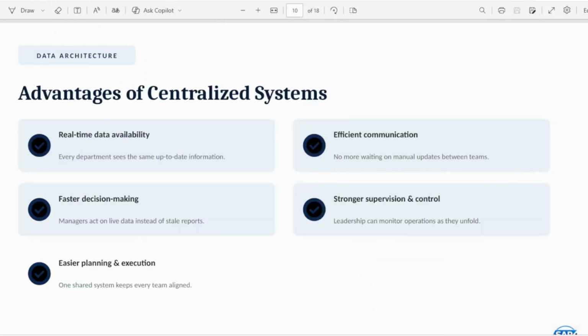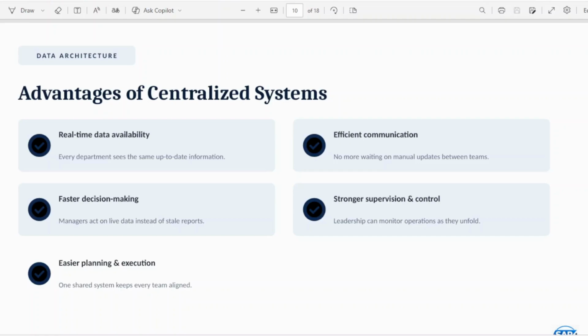So when we go to the advantages of the centralized system, this gives us several big advantages. The first one is real-time data visibility: every department sees the same up-to-date information. The second one, efficient communication with no waiting for manual updates.